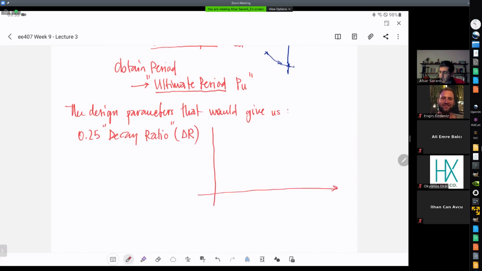That is a response where the oscillations are decaying with a certain rate. Let's say this is our reference signal.